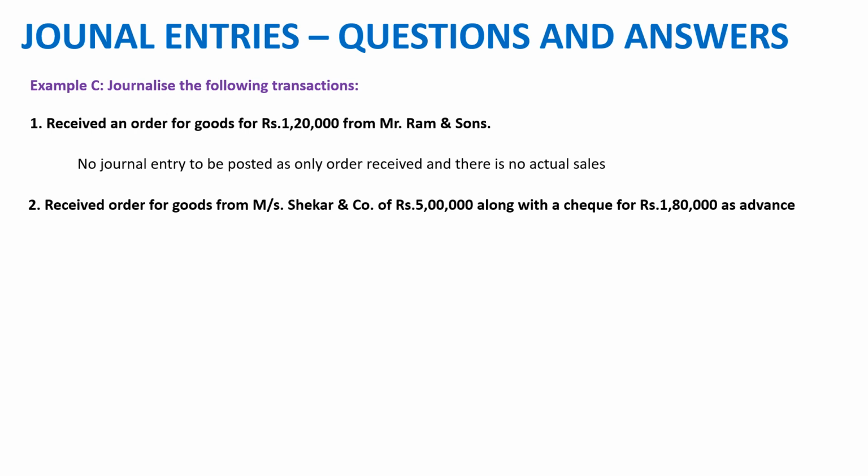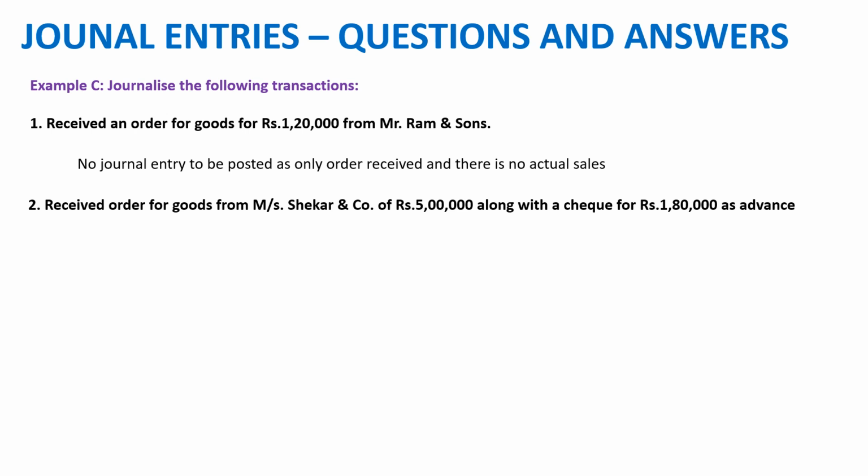Next transaction. Received order for goods from Mr. Sekhar and Co. of rupees 5 lakh along with a check of rupees 1,80,000 as an advance. So what is happening here? You have received an order of rupees 5 lakh, no accounting entry because there is no sales. It is just an order. But there is a transaction happening, that is, check received for rupees 1,80,000 as an advance.